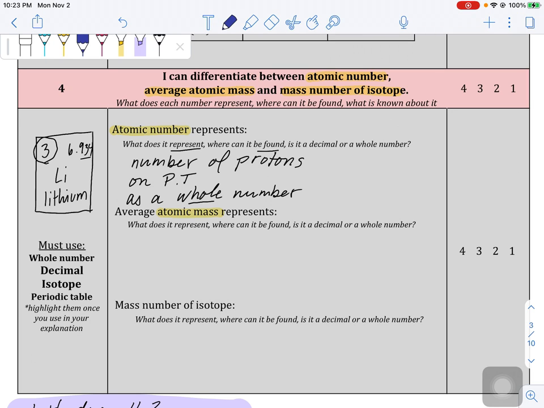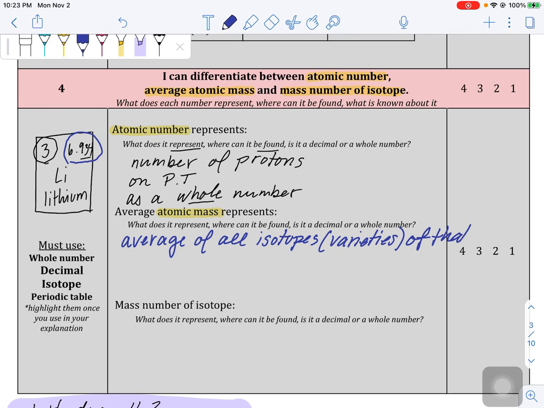Average atomic mass is our other number here on the periodic table. Average atomic mass represents the average of all isotopes or varieties of that element.